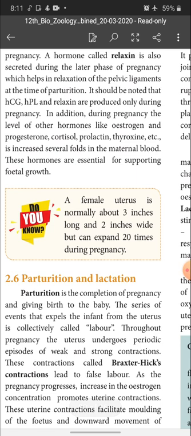In the last topic, we have seen the maintenance of pregnancy and embryonic development.